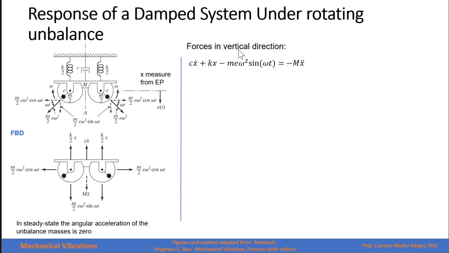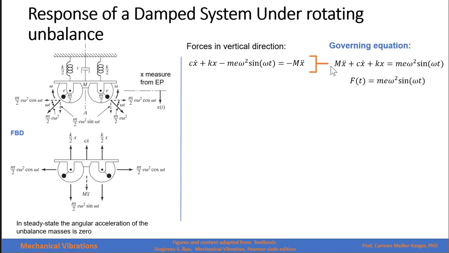If we add forces in the vertical direction, we have the force of the damper, the force of the spring, minus the excitation force done by the eccentric masses, equals the total mass of the machine times the acceleration of the machine.